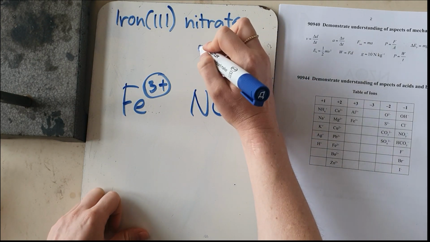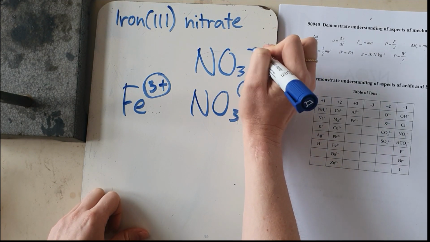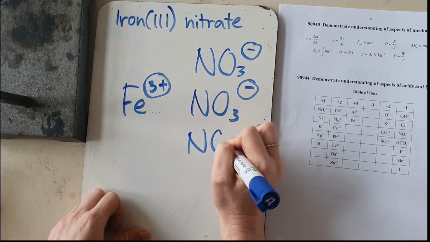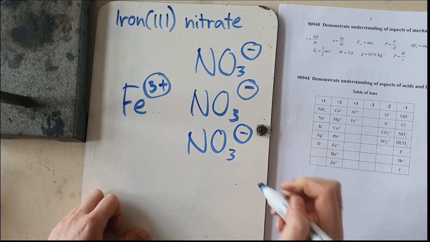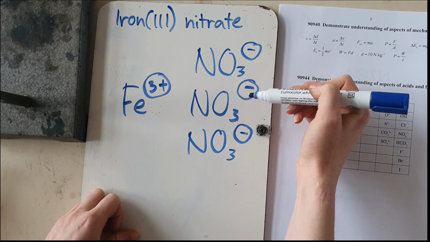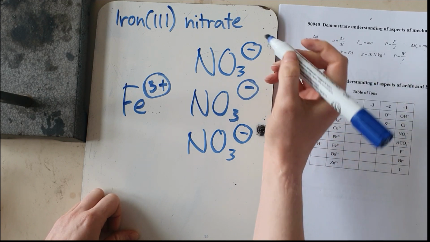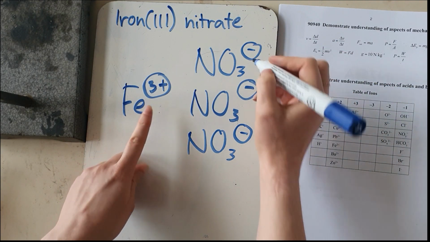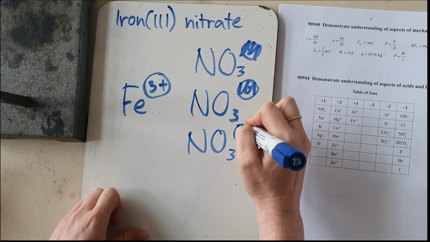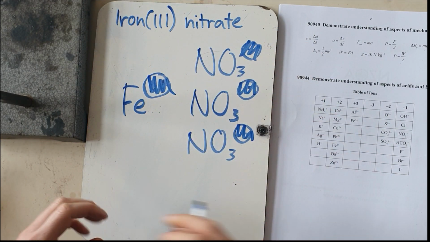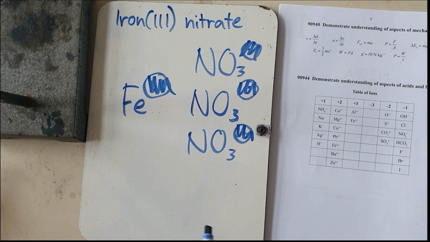So what I'm going to do is write this nitrate 3 times. So now we have a total of 3 negative charges that can cancel out the positive 3 charge to give our overall neutral ionic compound.